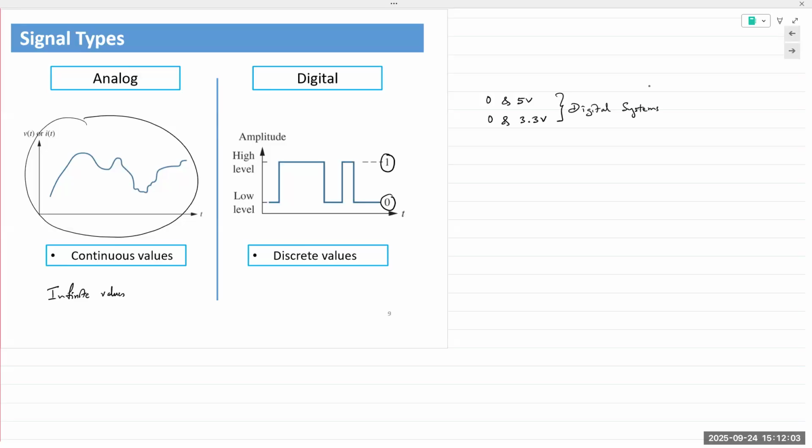The only thing is in digital systems, you only have two values, low and high. Low is 0 volts, high could be 3.3 or 5 volts. Most digital systems that we study as students are all 5 volts.